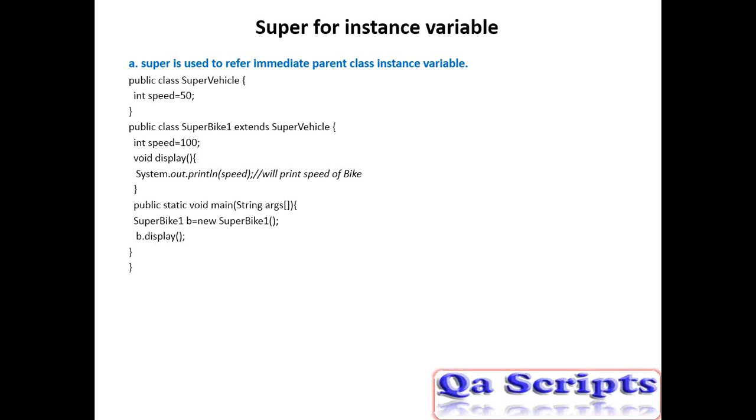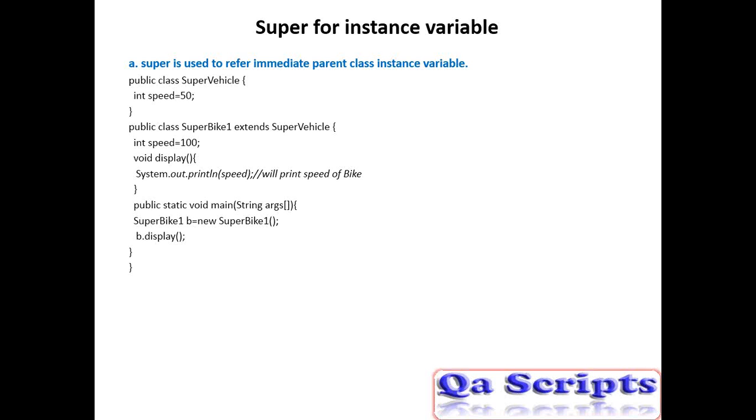As per the inheritance concept, all the variables present in the parent class have to be available in the child class too. In the child class, I am going to define one variable of int data type as speed, and the value I am going to assign here is 100. In the super class, I have used the same variable name, that is int speed, but the value is different there.